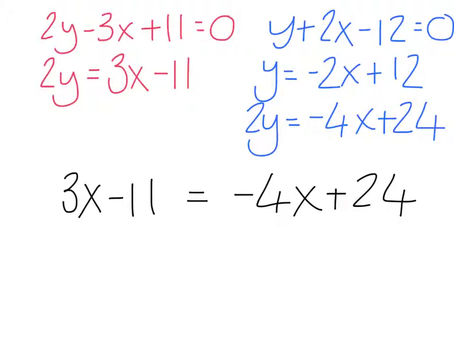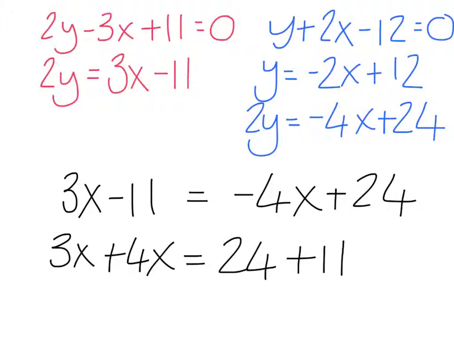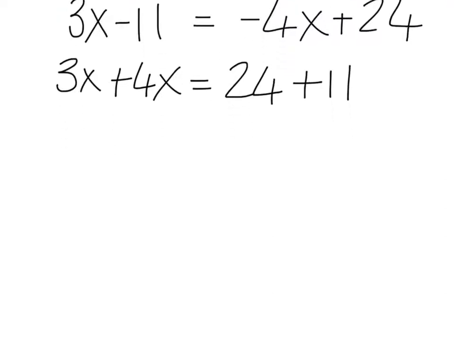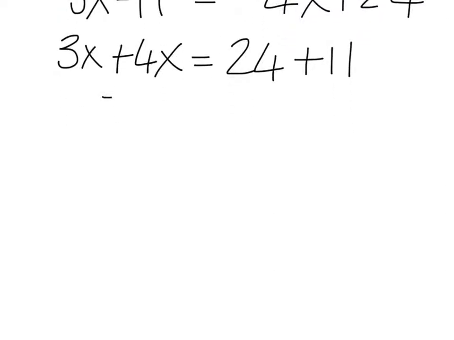In order to solve this new equation, we'll collect the x terms to one side and the numbers to the other. So that gives us 3x plus 4x equals 24 plus 11. That then gives us 7x equals 35.